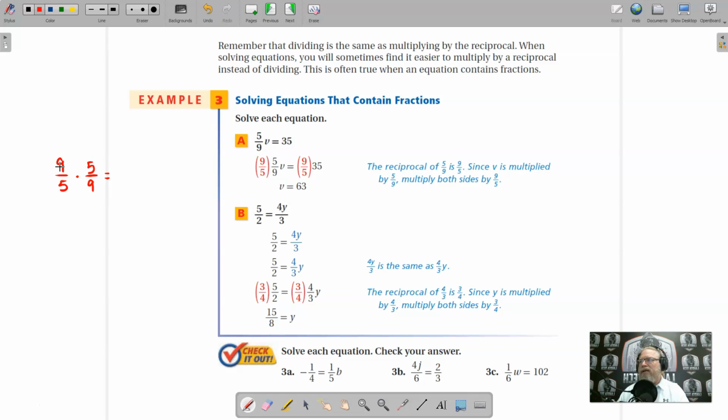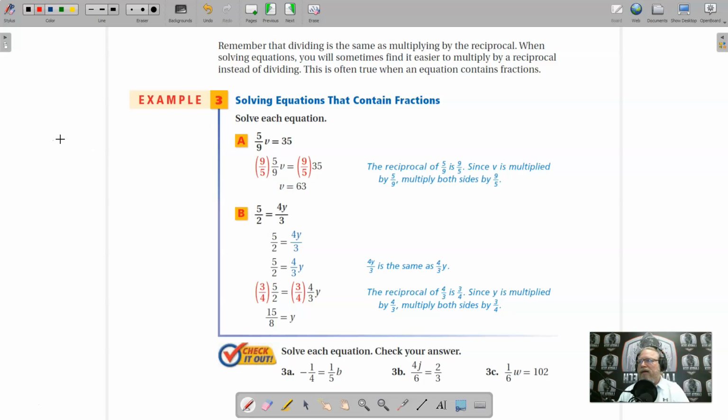And what happens is you get 9 times 5 is 45, and 5 times 9 is 45, and anything over itself is equal to 1. And so you would end up with 1. This here would have a value of 1, and then 1 times v is just v. So that's the reason that multiplying a fraction by its reciprocal just makes it go away.